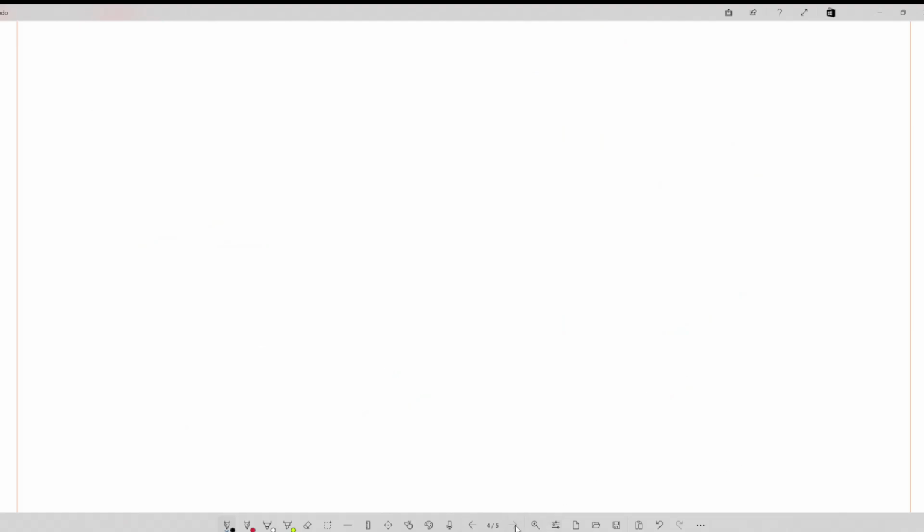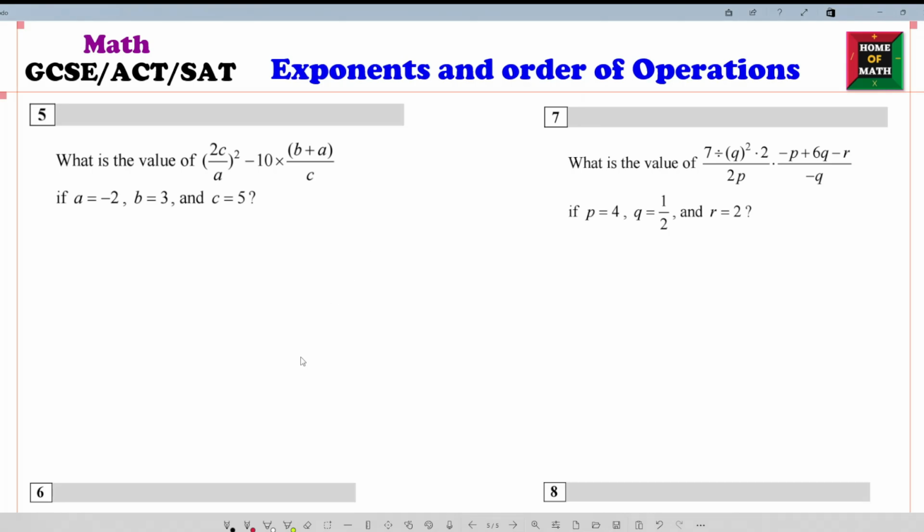Now number 5. What is the value of 2c divide a square minus 10 times b plus a divide c, where a equals minus 2, b equals minus 3 and c equals 5. So in this one first we can write 2 times 5 because c equals 5.